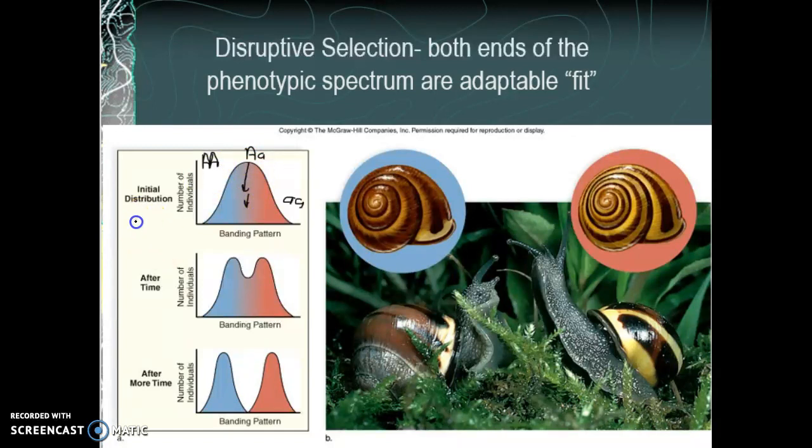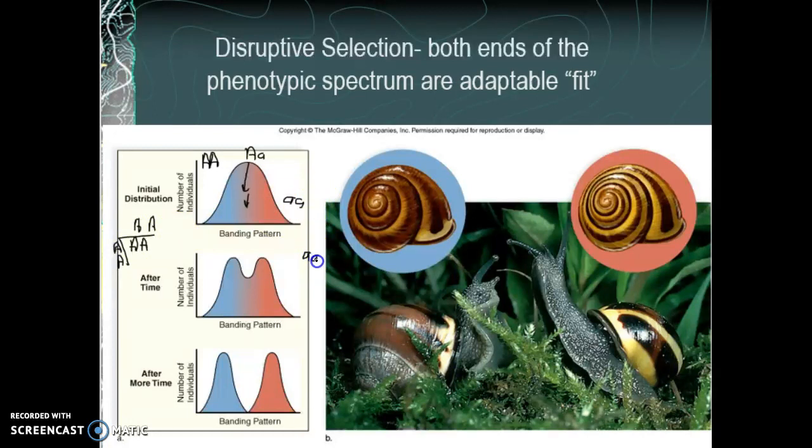When you reproduce with another member who is also homozygous, go back to our Punnett squares, all of your kids are homozygous dominant as well. So that's going to increase the frequency of that type of individual in the population. Take the recessive individuals.